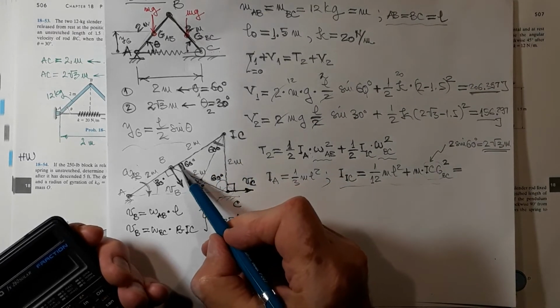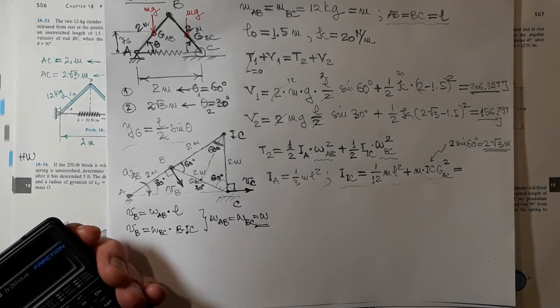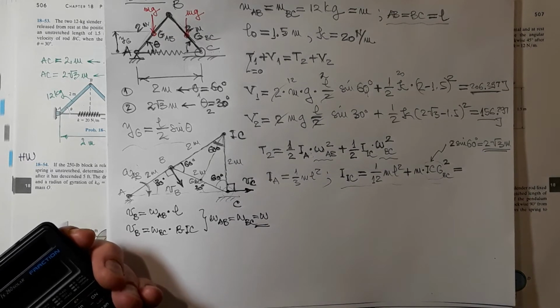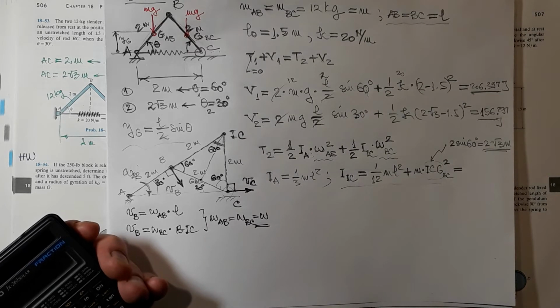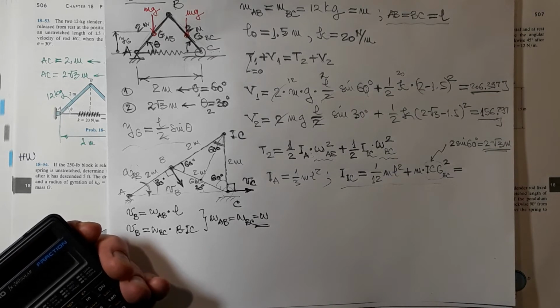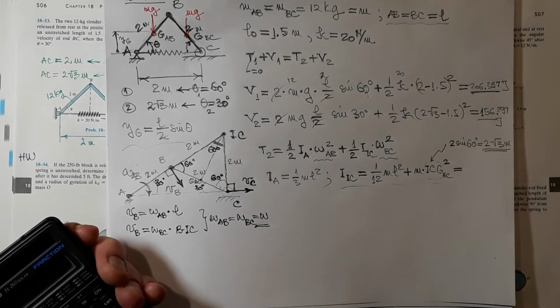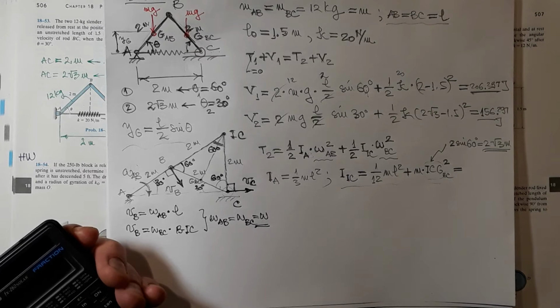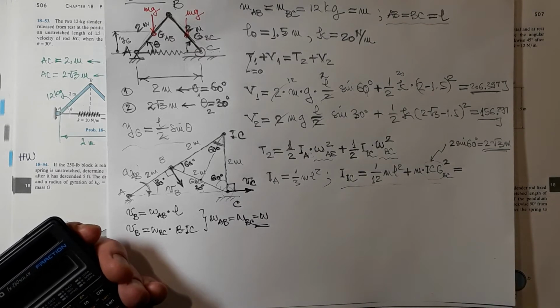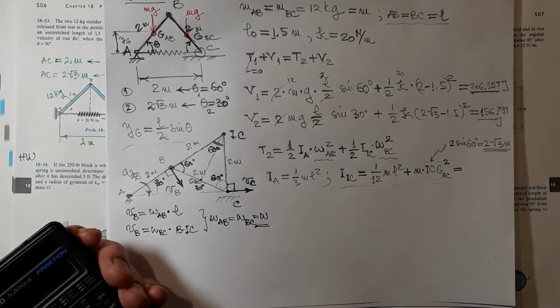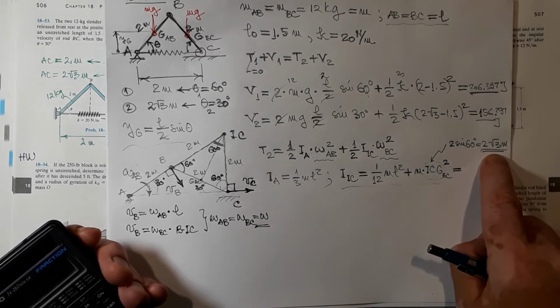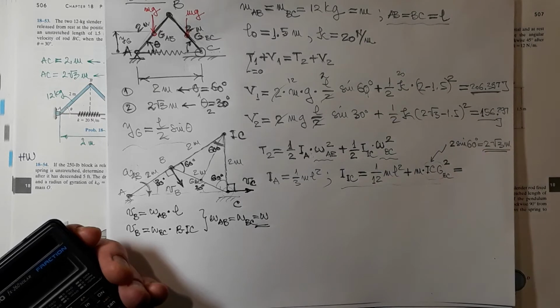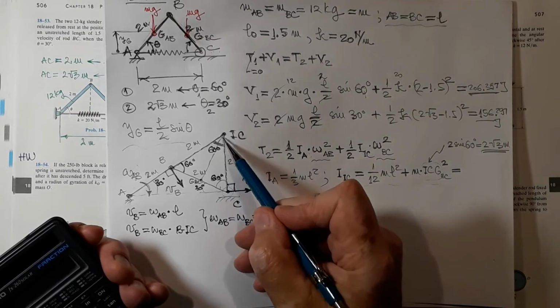So I have 2 times sine 60, and what have I missed?